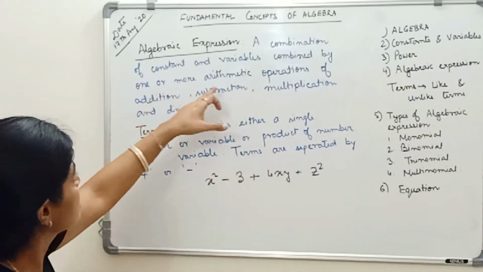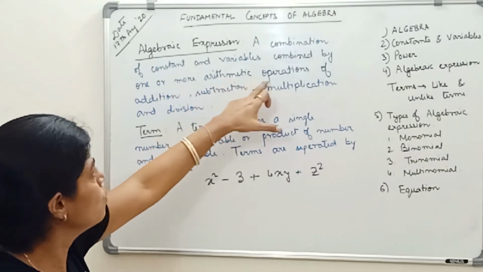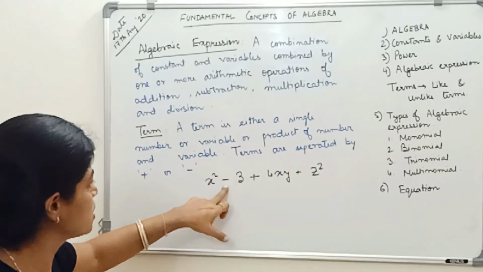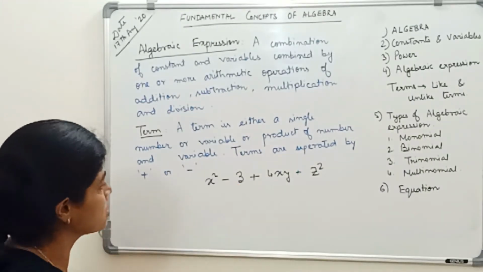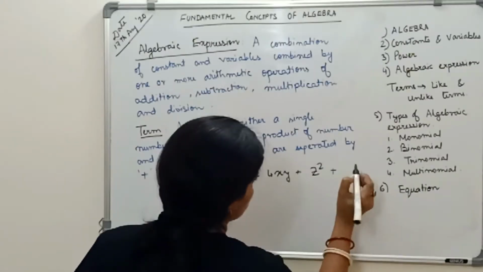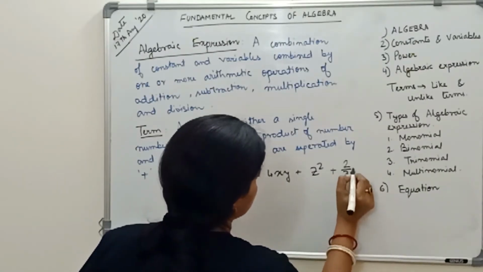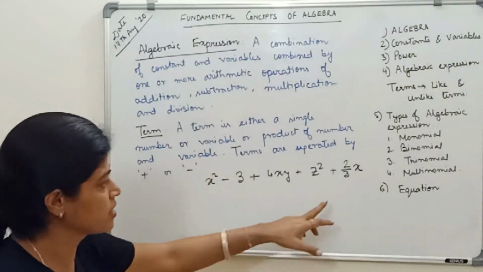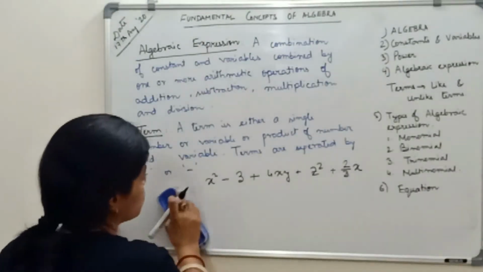We have used a few arithmetical operations: addition is used, subtraction is used, then multiplication is used, division is also. If I write one more term, 2 by 3x, this is an algebraic expression.